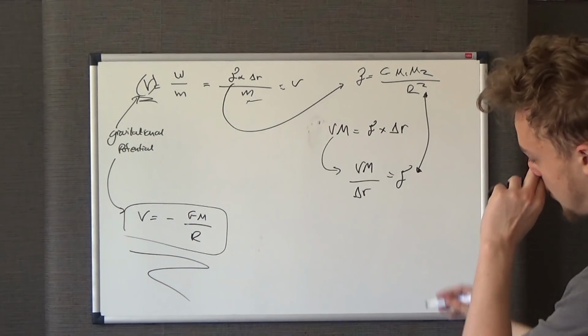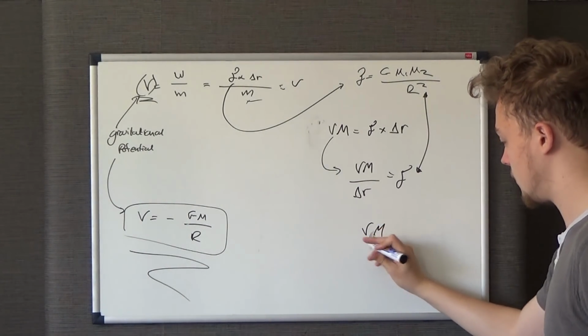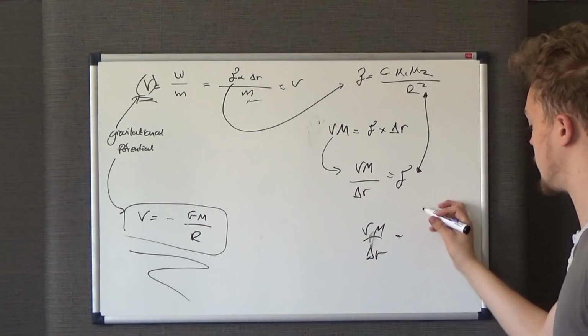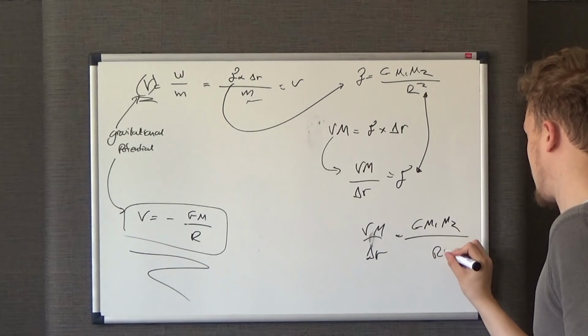So therefore Vm over delta R is equal to GM1M2 over R squared.